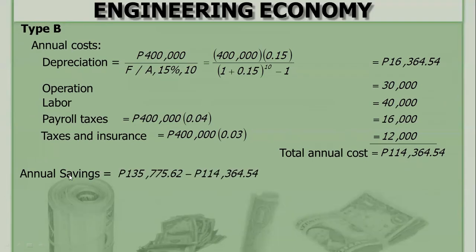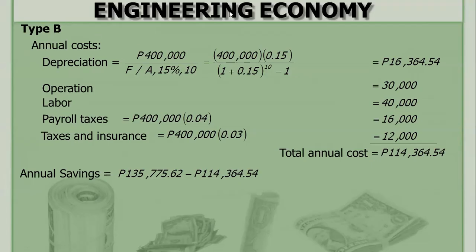So, the idea is this one. Type A needs a smaller investment, 300,000. Type B is 400,000, which means that in order to choose type B, you need an additional investment of 100,000.